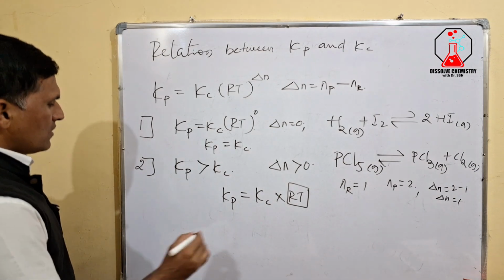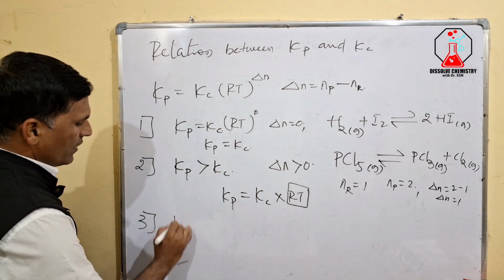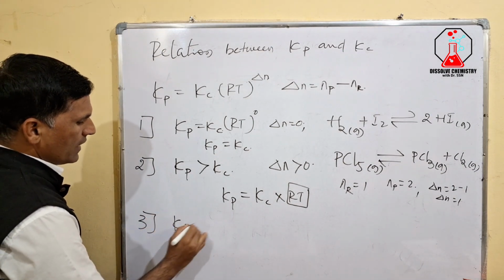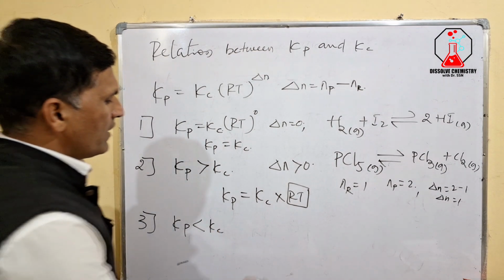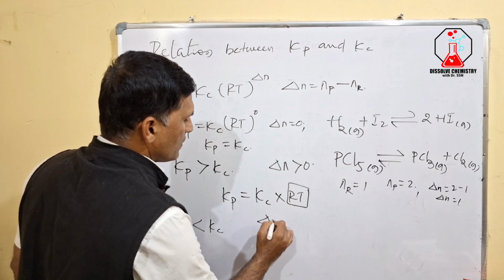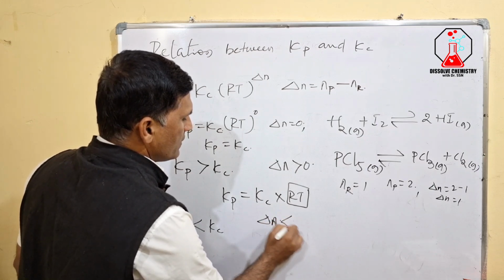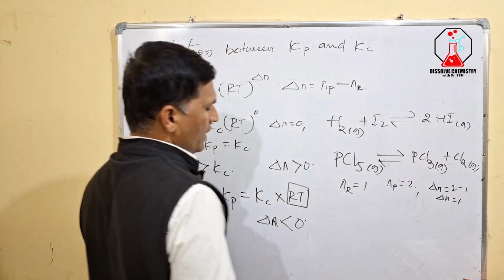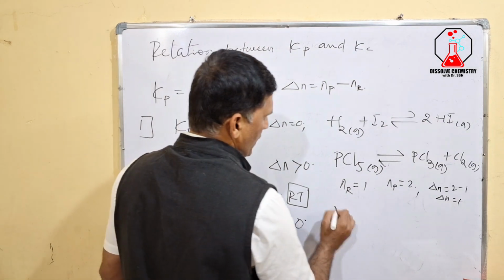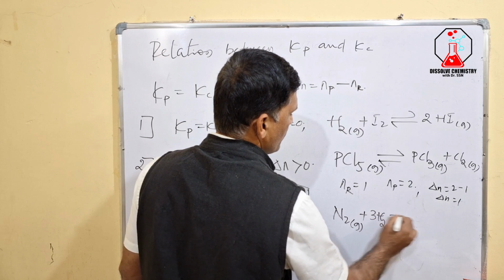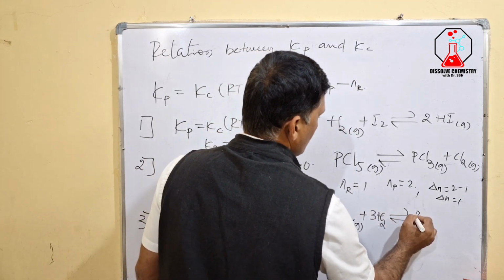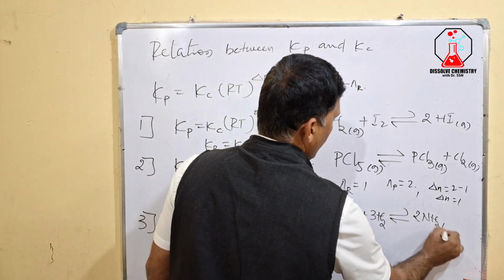Then the third one: when would Kp be less than Kc? That is possible when delta N is less than 0. The example, already discussed, is N2 gas combining with 3 moles of H2 gas to give 2 moles of NH3 gas.